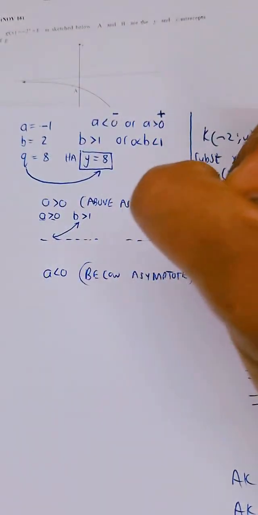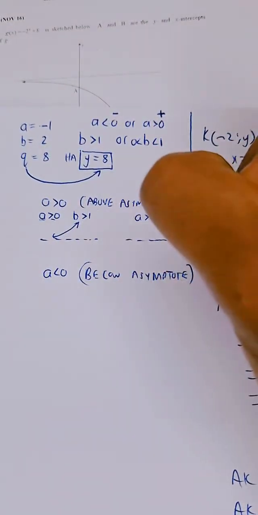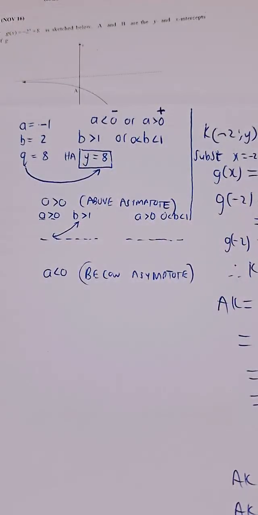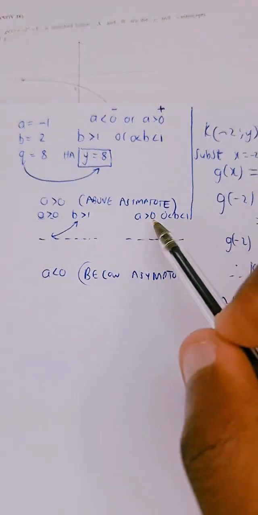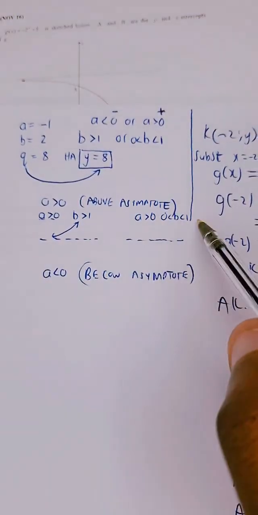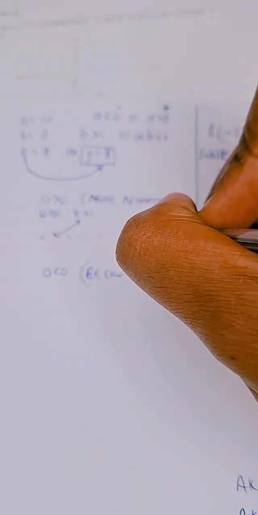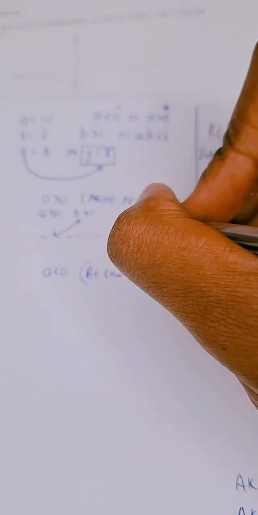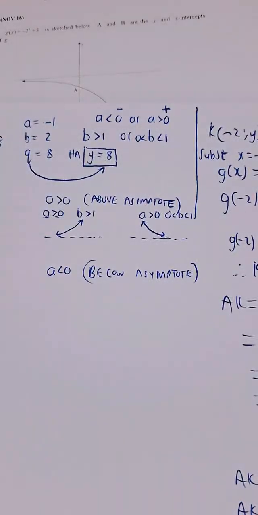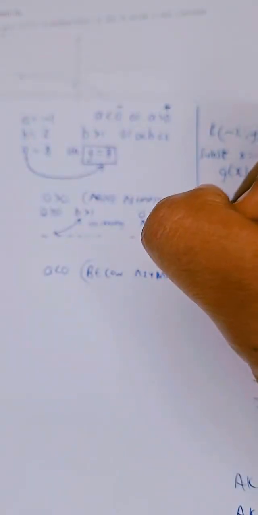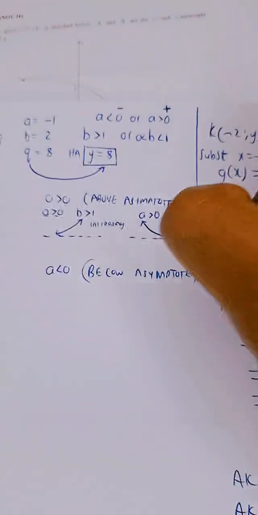But if a is greater than 0 but b is between 0 and 1, remember I said b can be under two conditions. Either b is greater than 1 or b is between 0 and 1. So if a is greater than 0 but b is between 0 and 1, the function is still above the asymptote, but it's just that the exponential is decreasing. So this is an increasing function for your exponential. This is a decreasing function for your exponential.